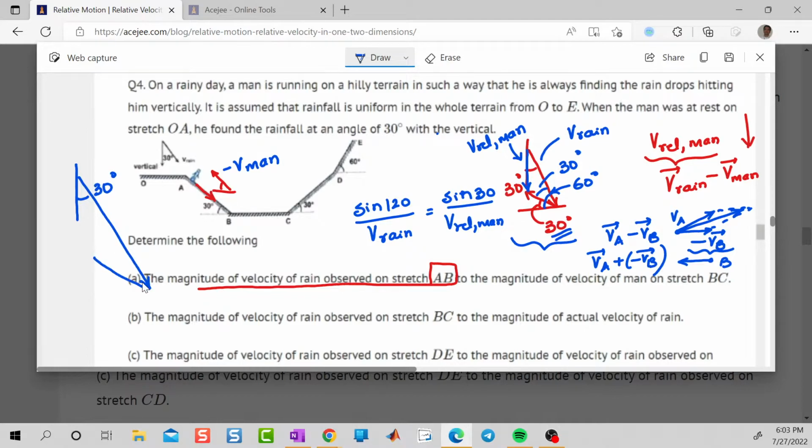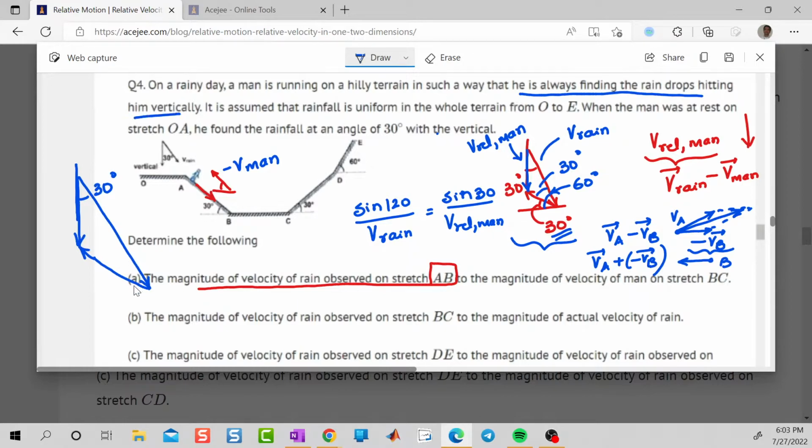Now how big shall I draw it? Well, it should be big enough so that the relative velocity comes out to be vertical, because the man is always finding the raindrops hitting him vertically.